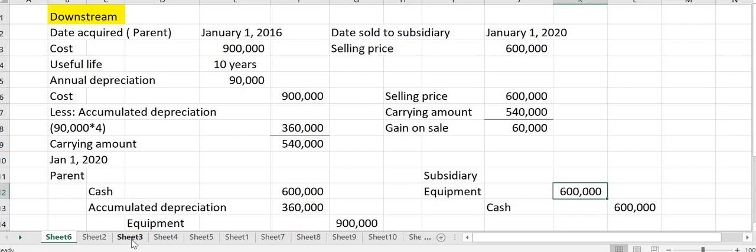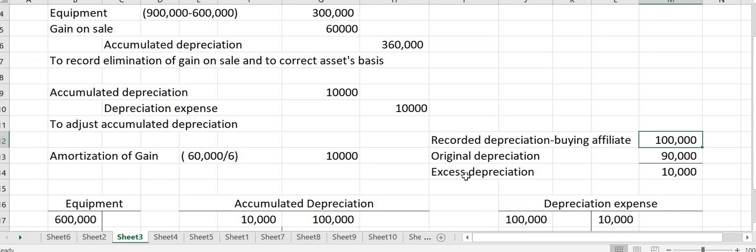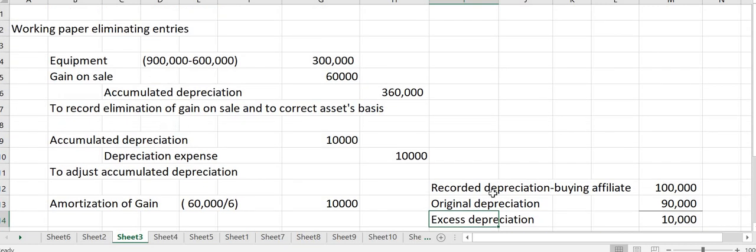So therefore, we have excess depreciation. So our goal for this entry is to decrease the depreciation expense, no? So kumbaga, we have to deduct 10,000 from the recorded depreciation expense to bring back the original depreciation expense amounting to 90,000. Okay, so therefore our entry would be a debit accumulated depreciation, credit depreciation expense for 10,000.